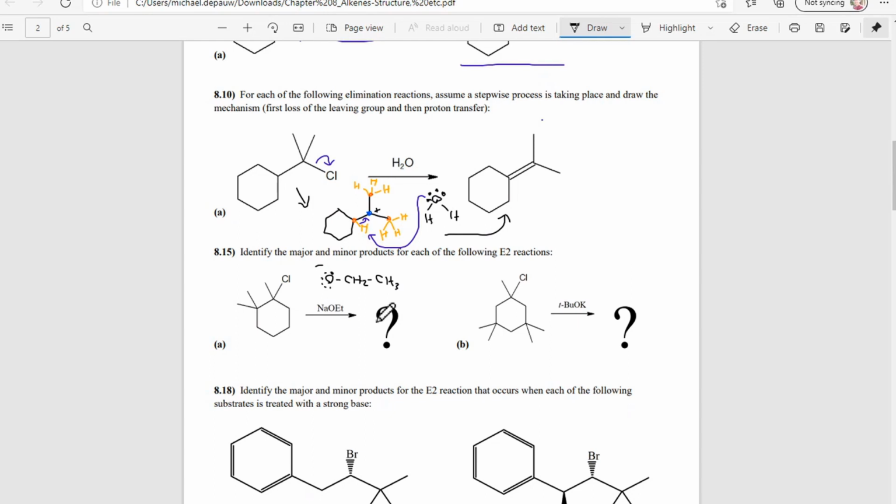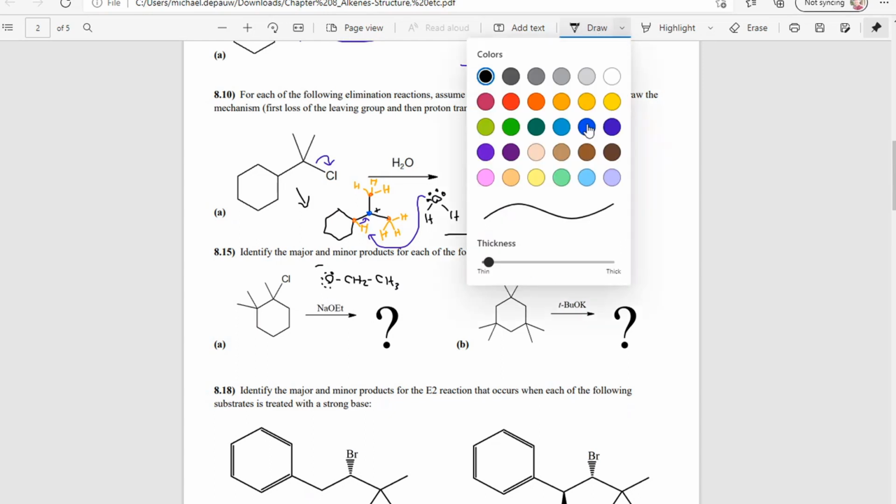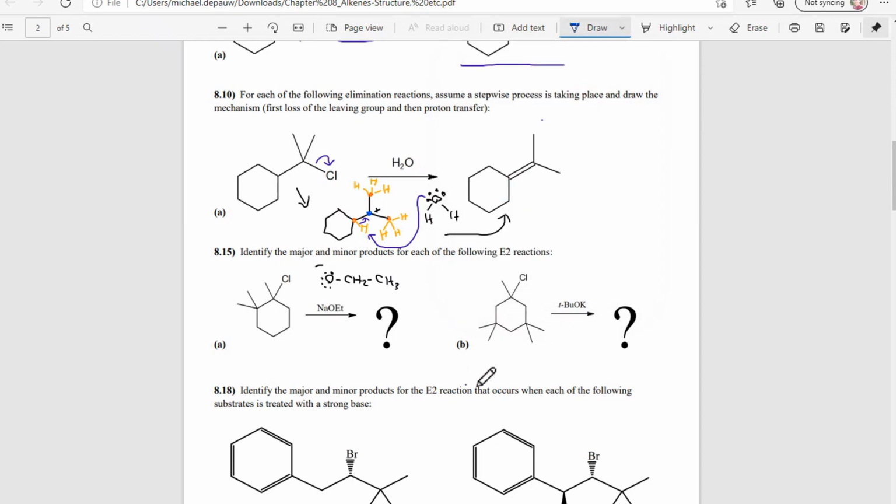So in this case, a hydrogen is going to get ripped off. The first thing we want to do is identify our alpha carbon, which in this case would be which one? Actually, the alpha carbon is not the most substituted, but the one with the leaving group attached to it. And then which hydrogen would get ripped off?